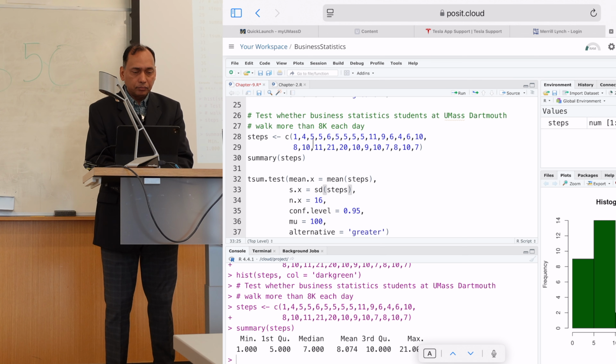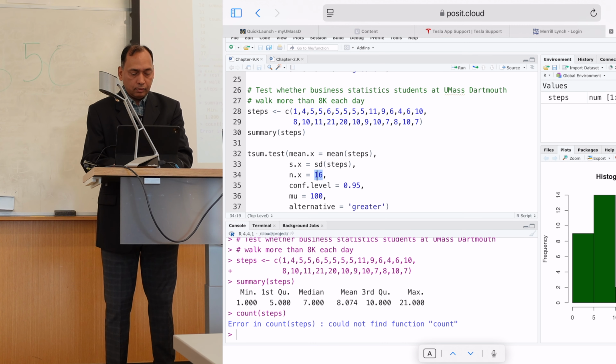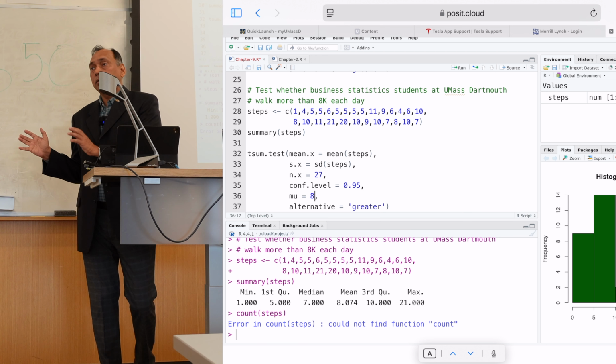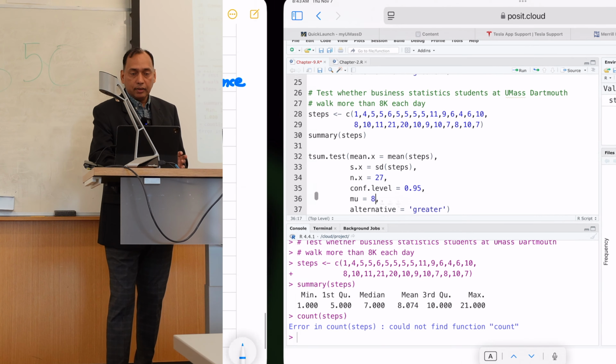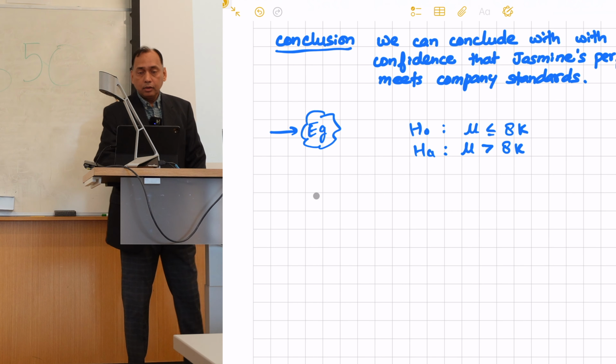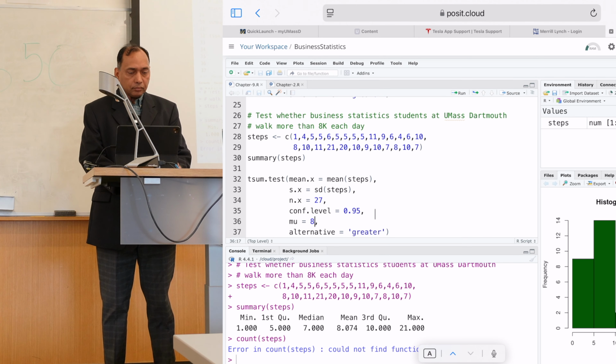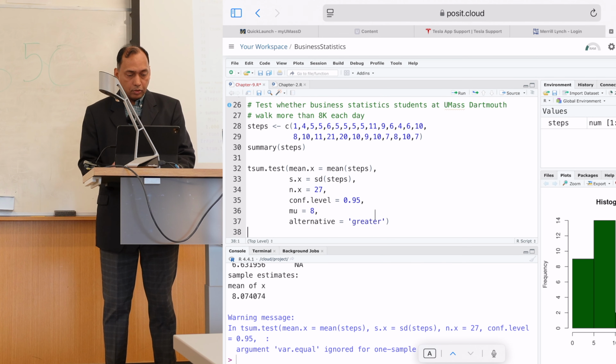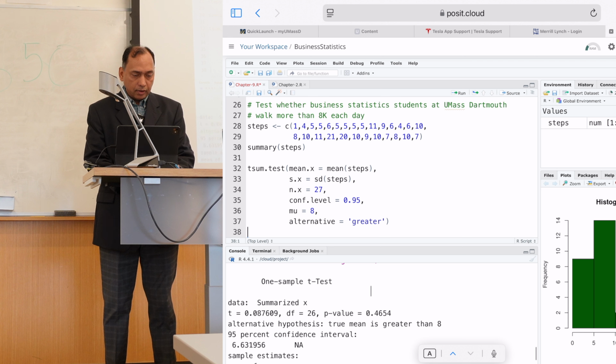Sample size, 27. Confidence level, let's say we want 95%. And this is against 8,000 steps. And the alternate hypothesis is that students walk more than 8,000, so we'll keep that. So you run this and you get an answer.